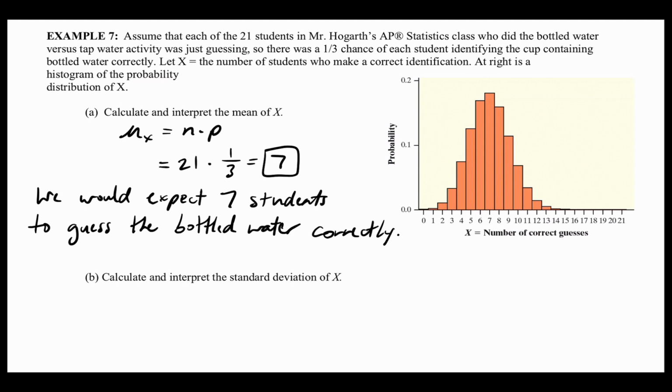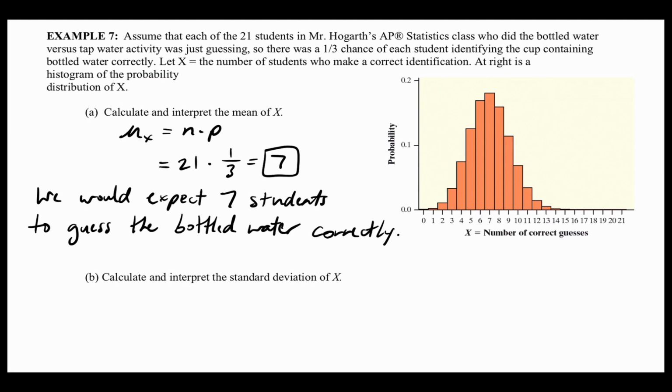Is this situation binomial? How do we know? Either they guess correctly or not, guess bottle or not. Independent? If one kid goes up there and drinks water and says, I think that's tap water, is that going to affect what the next one's going to do?